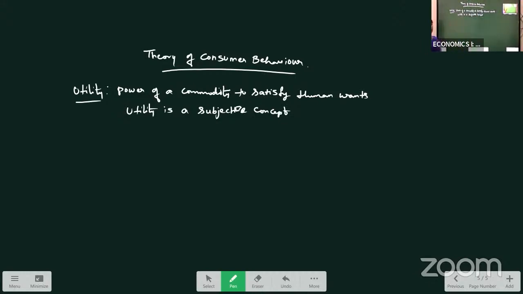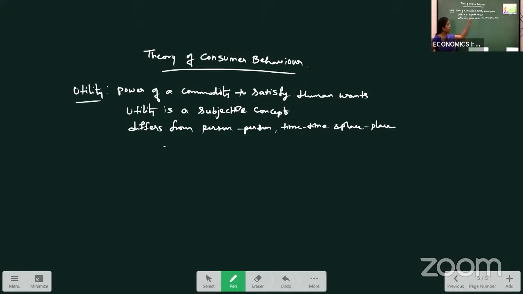That's why we say utility is a subjective concept and it differs from person to person, time to time, and place to place. Means the product that is giving utility to you may not give utility to another person. So it differs from person to person. What is useful to you may not be useful to others.